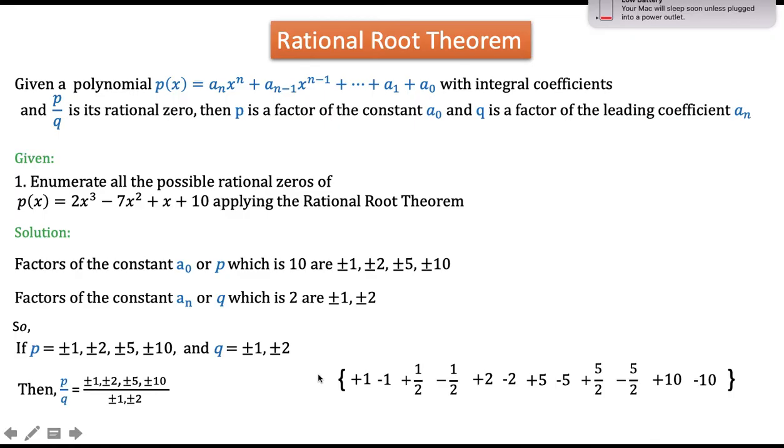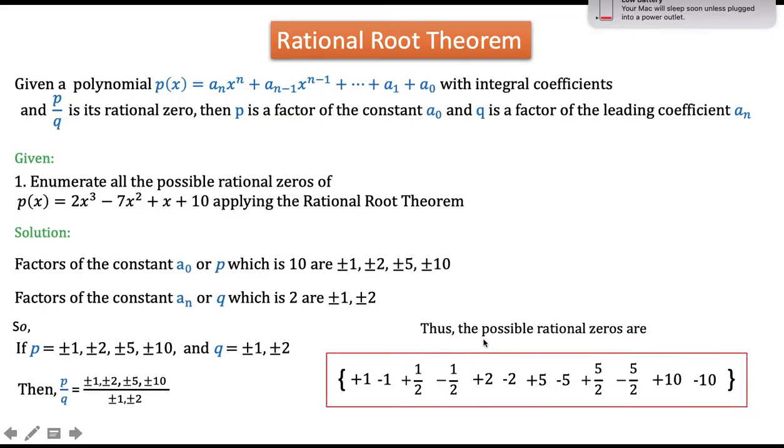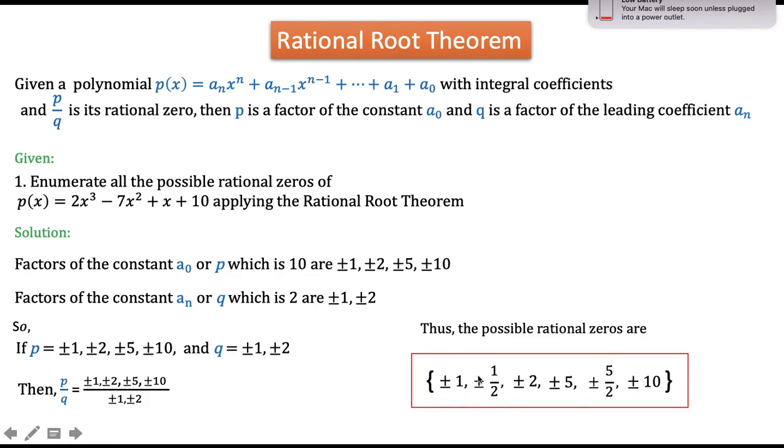The set of these is the possible rational zeros of this given. We can also write this answer in this form: combining positive 1 and negative 1 into plus minus 1, then positive 1/2 and negative 1/2 into plus minus 1/2, and so on and so forth, so that we can save space in our answer.